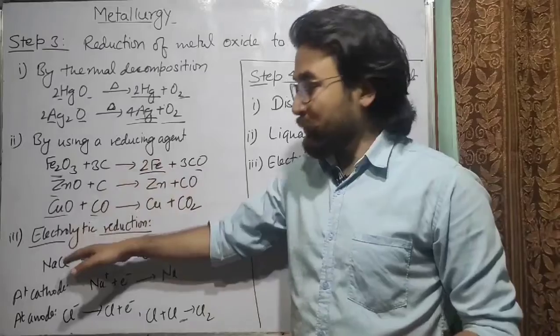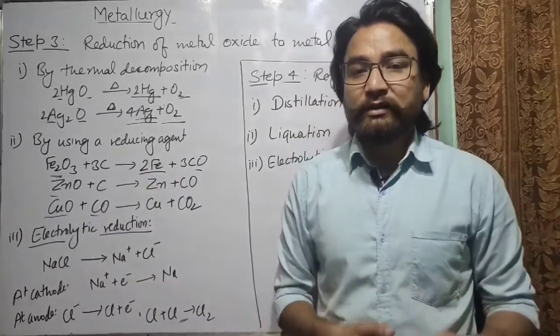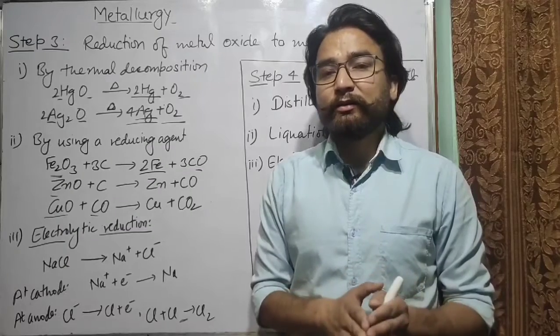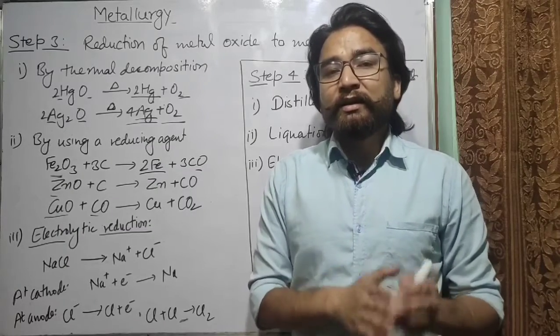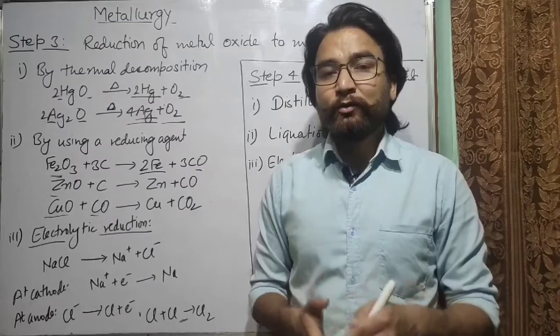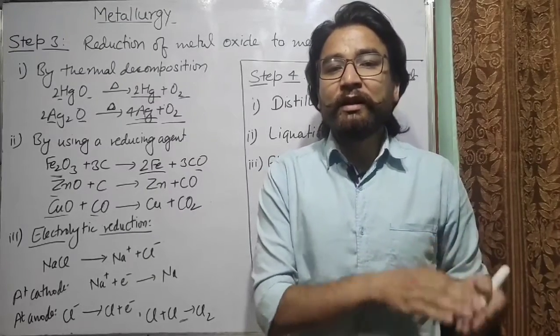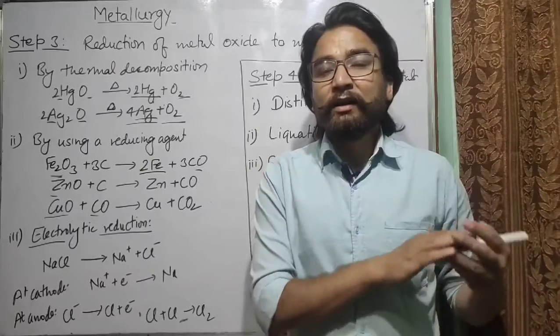Now we have one more method, that is electrolytic reduction. You know that during electrolysis, the metal is obtained at the cathode while the non-metal, if oxygen is the non-metal, we will get oxygen at the anode.